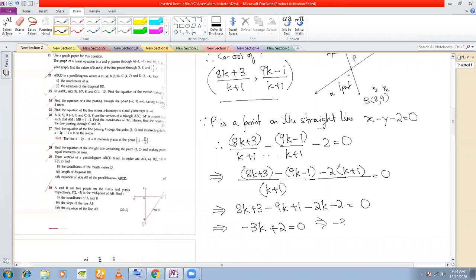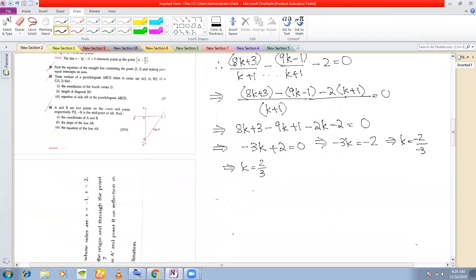That means you get minus 3k is equal to minus 2. That means k is equal to minus 2 by minus 3, that is, k is equal to 2/3. Therefore, what is the ratio?